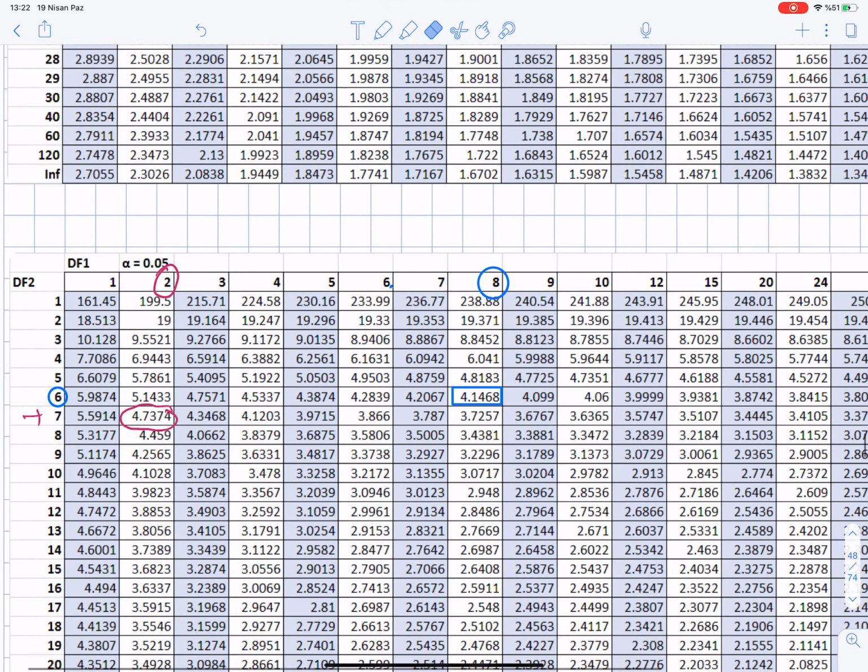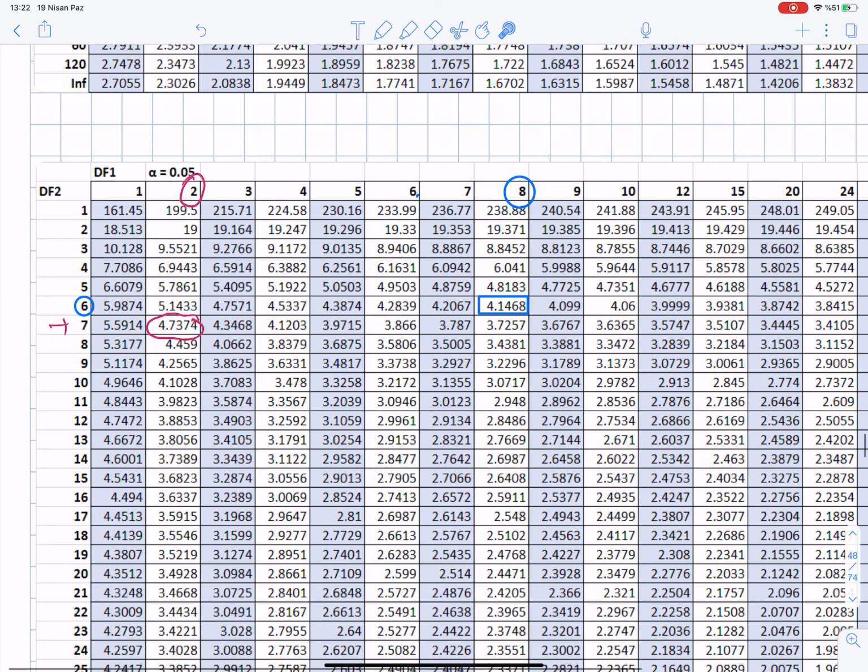First you need the degree of freedom, which is 3, so you look in this column, and the degree of freedom for the denominator, which is 16, so you look at this row. This column and this row give the critical value 3.2389.